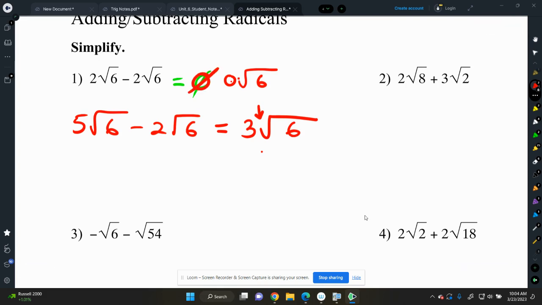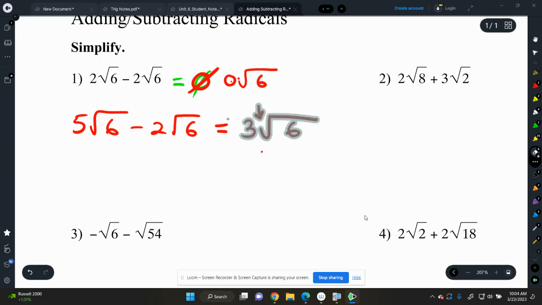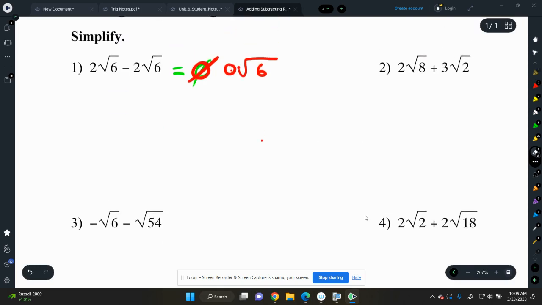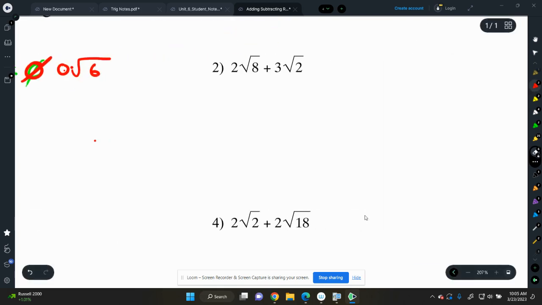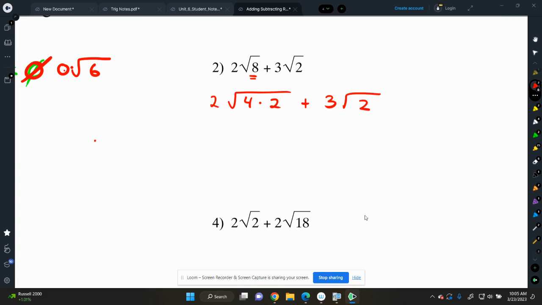Okay, let's look at number 2. They're not like terms, are they? So I can't add them the way they are. However, we can simplify. How can we simplify the 8? We're going to write it as 4 times 2. And then what's the square root of 4? 2.